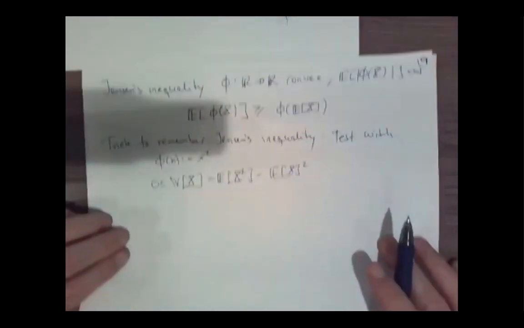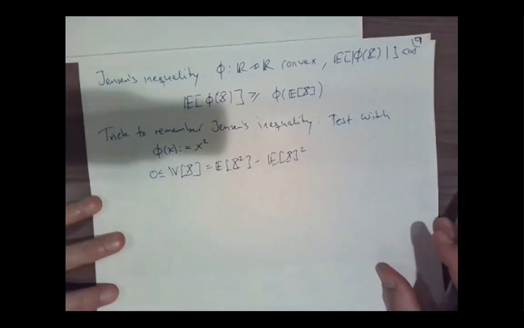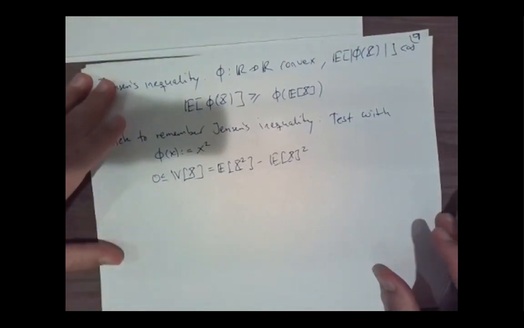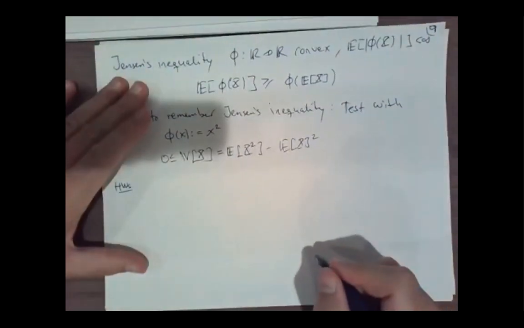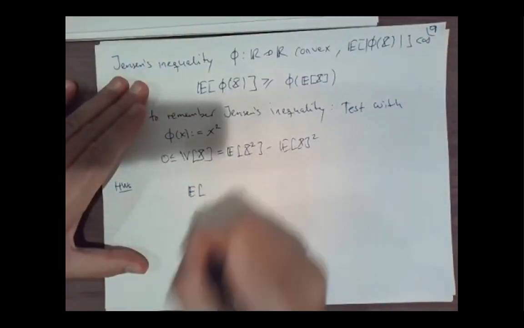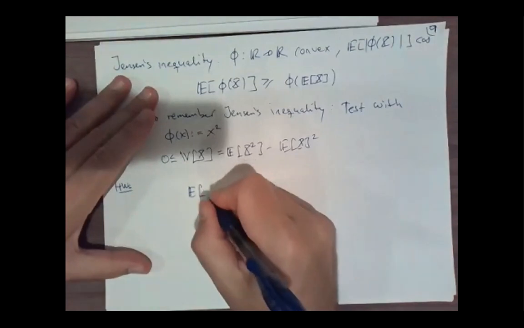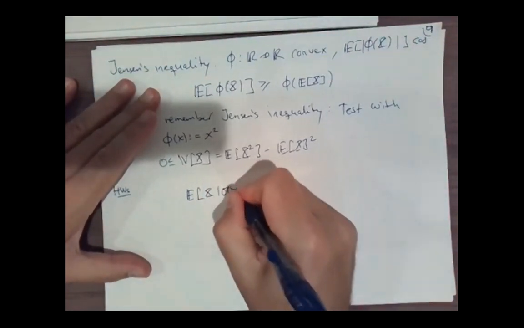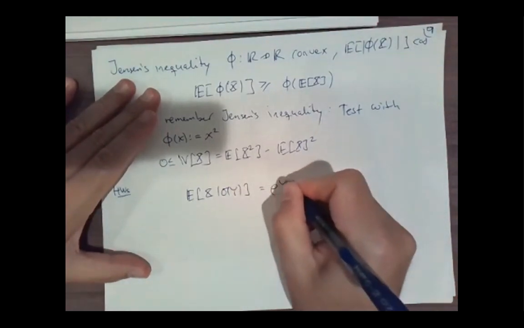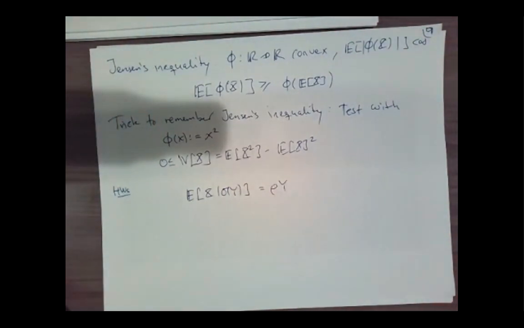If you've never seen Jensen's inequality before, that's a little problematic, but you have seen versions of it. Like if you look at one of your homeworks, you had an exercise, or maybe we did it in class, where we would do something like the conditional expectation of x given y, with a rho y, when you had joint normality and a correlation rho.